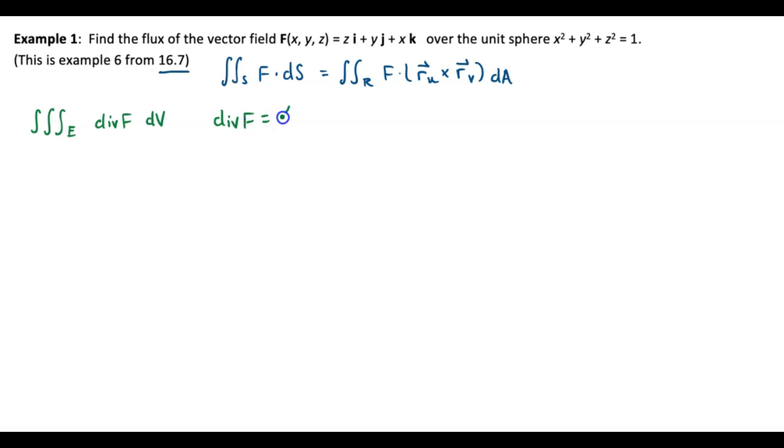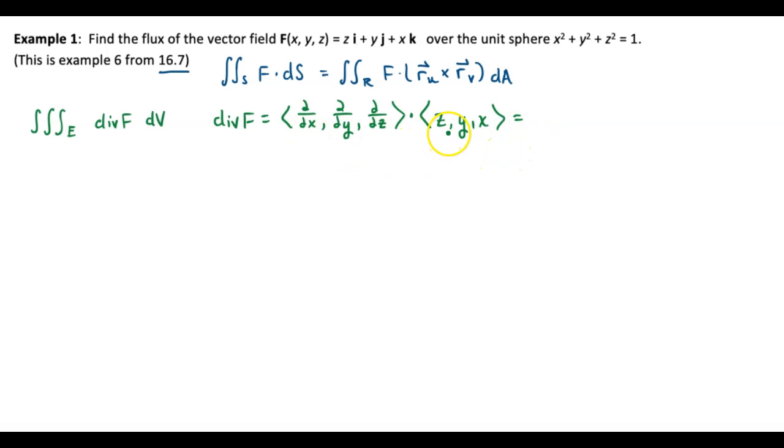The divergence of f is just the dot product of del, which is the partial derivative with respect to x, partial derivative with respect to y, and partial derivative with respect to z, dot, and now we have the components of f, which are z, y, and x.